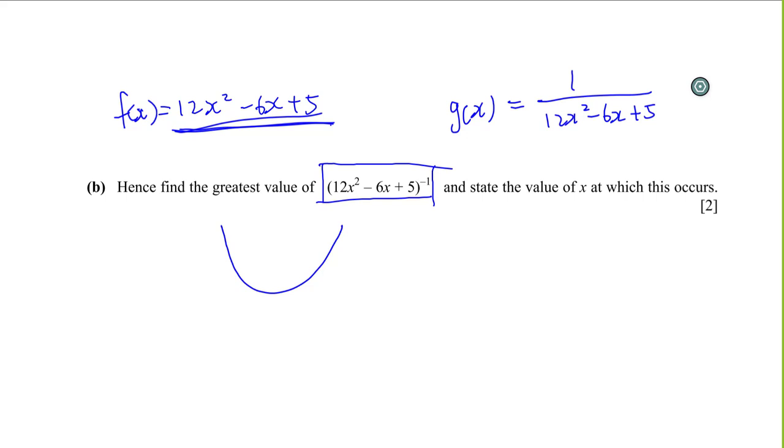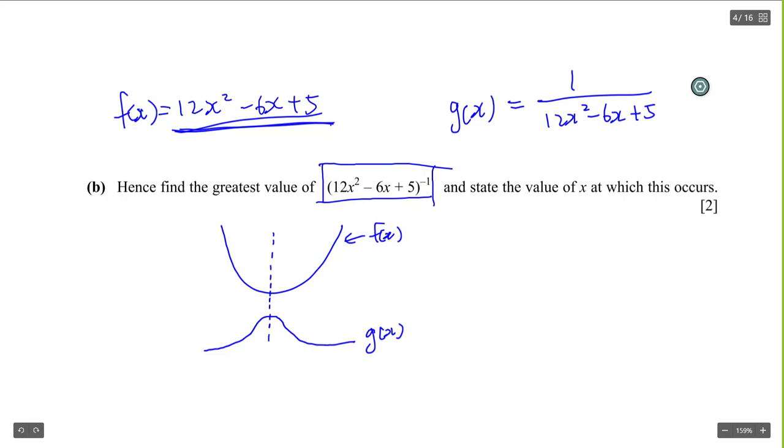This is your f(x), right? Another g(x), basically it will look like this. This one will be your g(x). For these two equations, first thing is they will have the same stationary point, the same x stationary point. That means the x value will be the same. Definitely, you can see the y value is not the same.